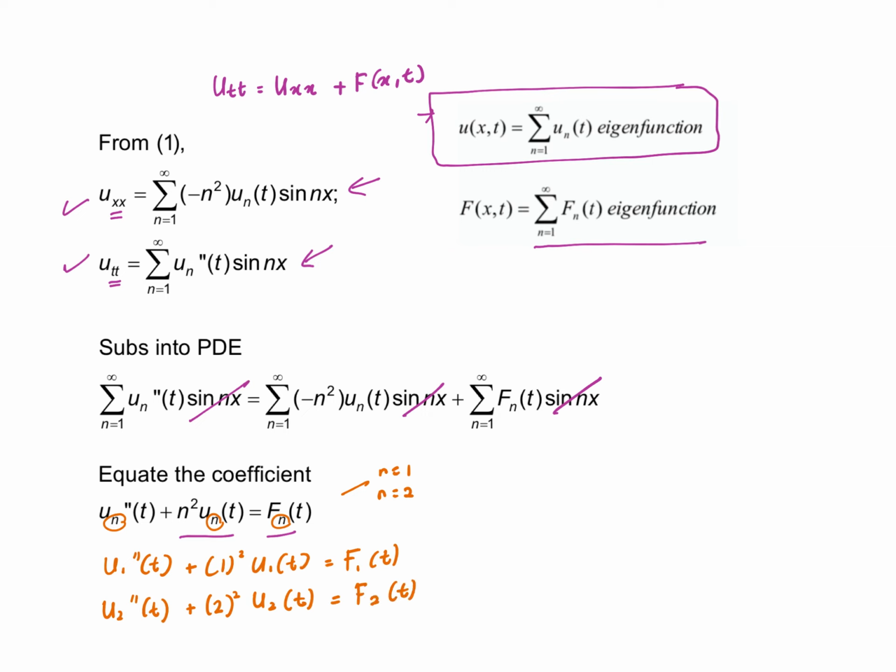Then we can use the values of f1(t) and f2(t) that we obtained from step 1. So f1(t) will be equal to 4t and f2(t) will be equal to 2.